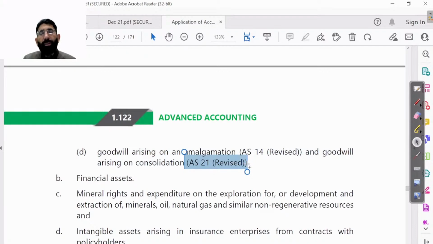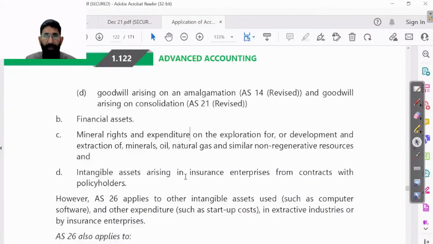AS 21 is not in our syllabus. Let it be very much clear, it will not cover goodwill arising due to amalgamation and goodwill arising due to consolidation. That is holding companies concept.